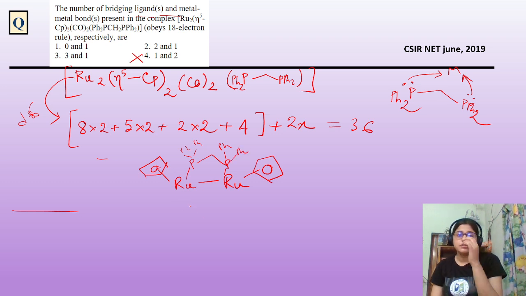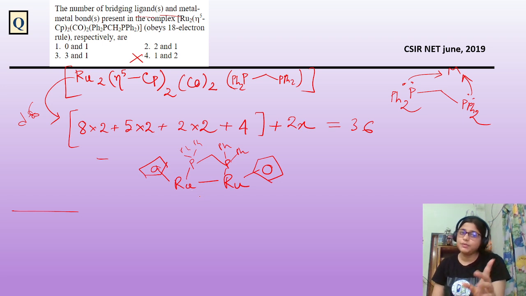And now the question is, where will CO be? In some cases, in carbonyl compounds, bridging is also a common thing for carbon. It can be in a bridging position.